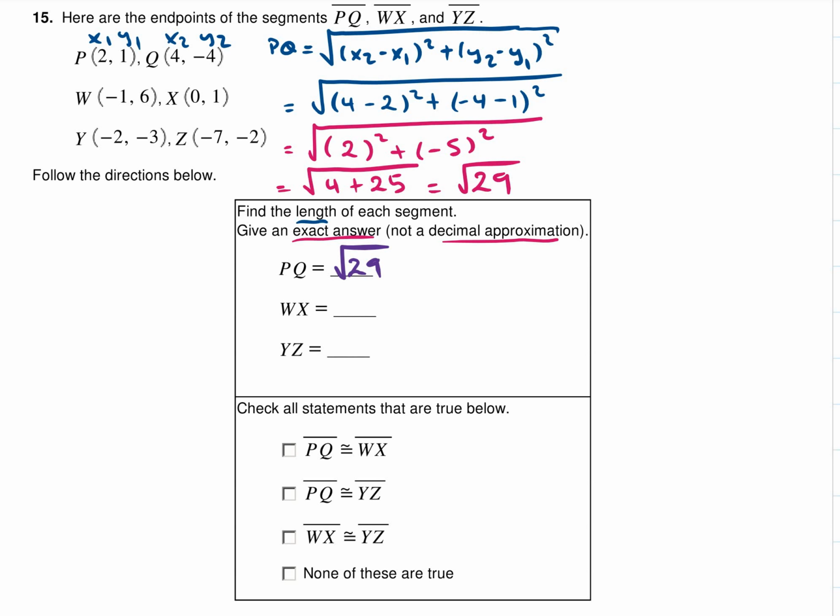Okay, we're going to do the same with WX. WX equals, same thing, the square root of x2 minus x1 squared plus y2 minus y1 squared.